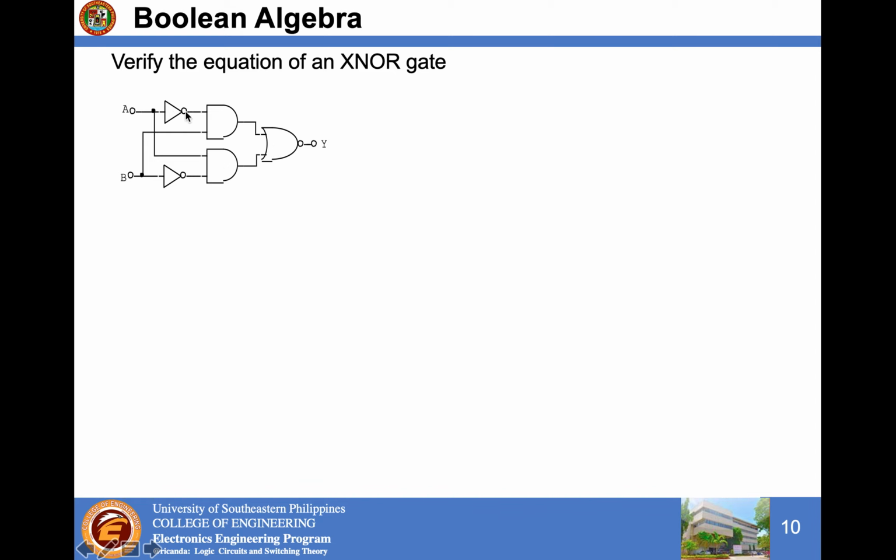One of the inputs of the first AND is connected with an inverter from A, and the other input of the second AND gate is connected with an inverter from B. So the equation of Y is equivalent to A bar B NOR A B bar.